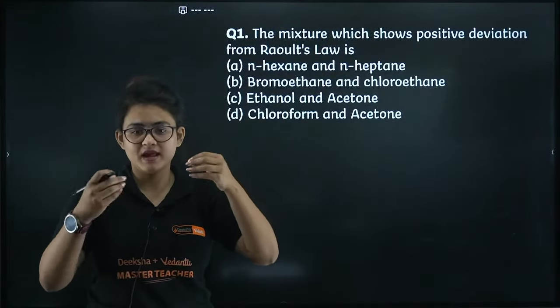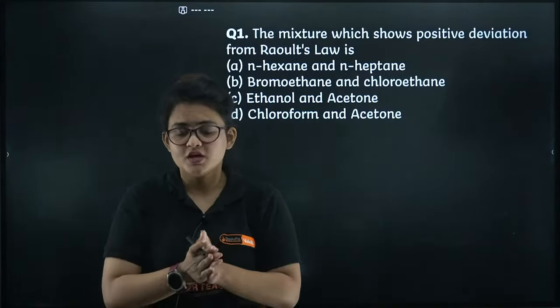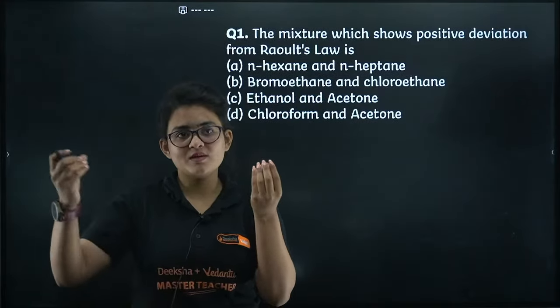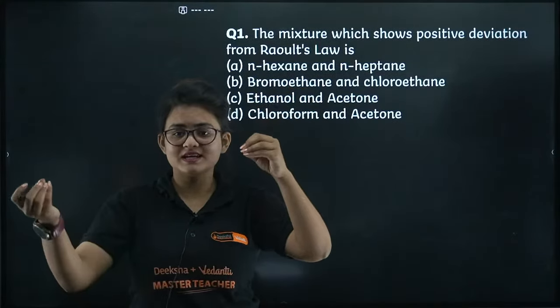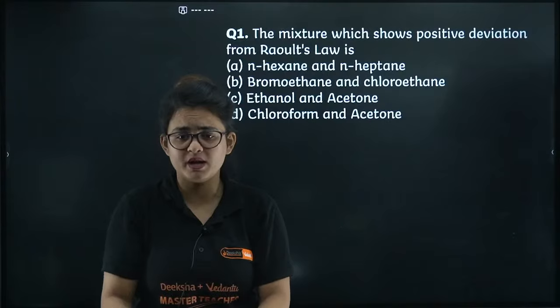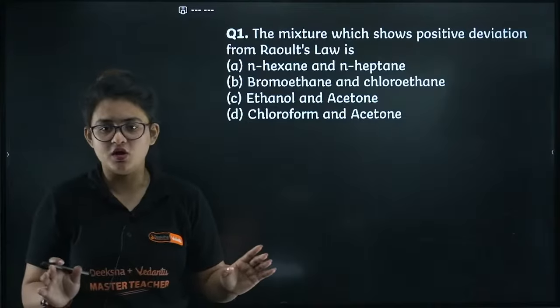Let's say A and B are two different compounds, one is N-hexane and another is N-heptane. The A-A and B-B interaction is equal to the A-B interaction, meaning once you mix N-hexane and N-heptane they have the same type of interaction. So that is an ideal solution, no deviation at all.